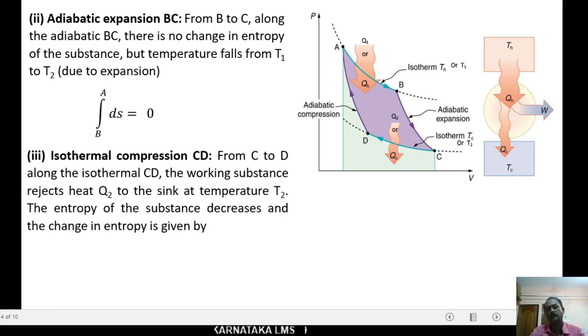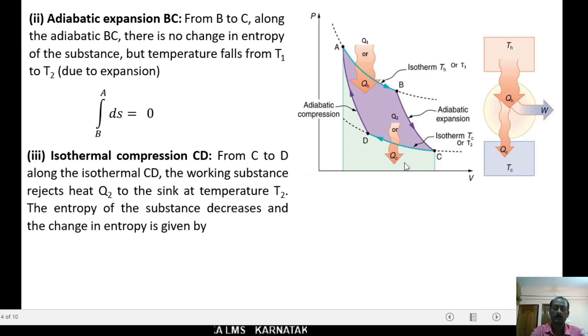Third one is isothermal compression CD. Along the curve CD, you can just refer CD curve. From C to D, along the isothermal CD, the working substance rejects heat Q2 to the sink, which is at the temperature T2.